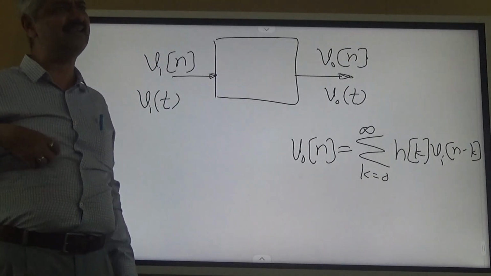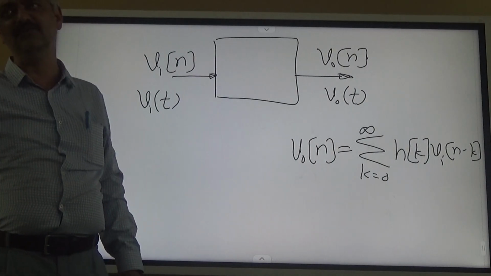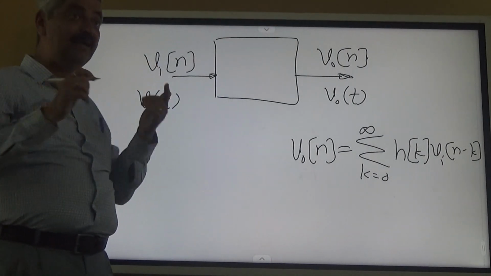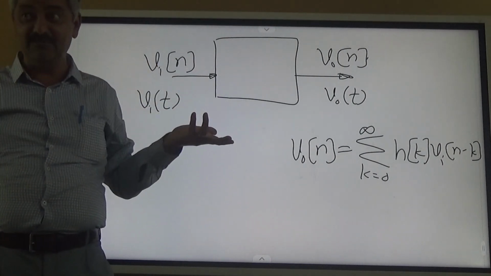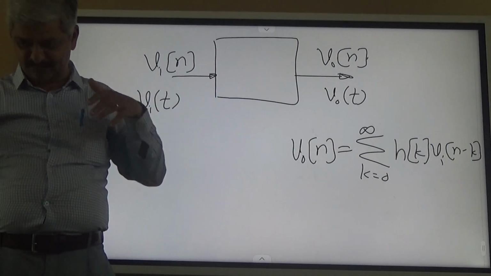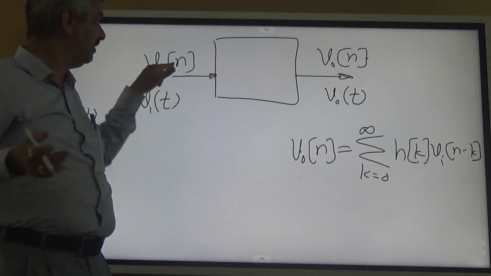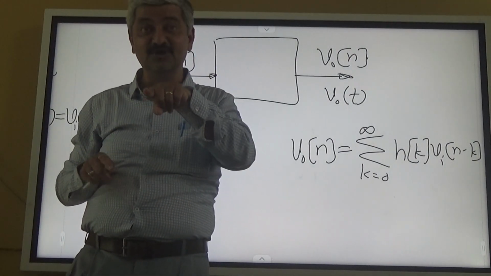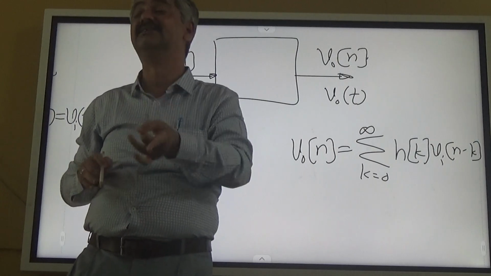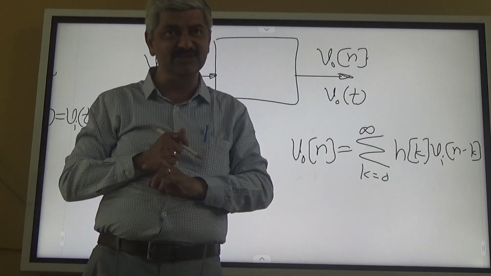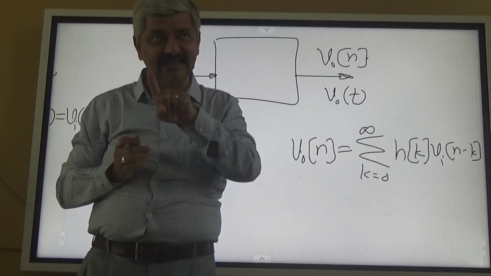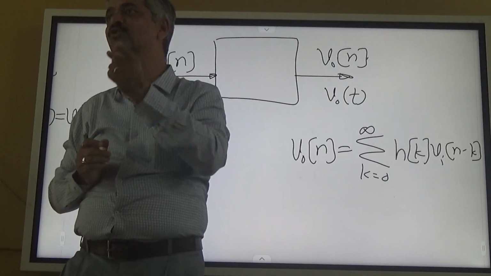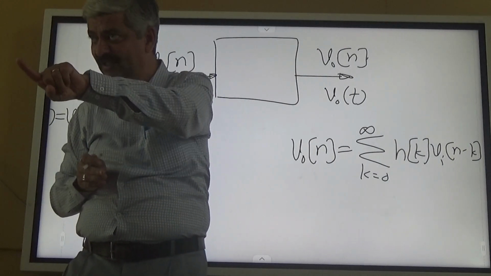One may say that I will not plan, so what would be his planning? Random. We can't have a formulation if things are random, but I can apply any signal. Any signal means not a random signal. Any signal is a deterministic signal. Deterministic signal means Vin[n] is a known, fixed function of n.